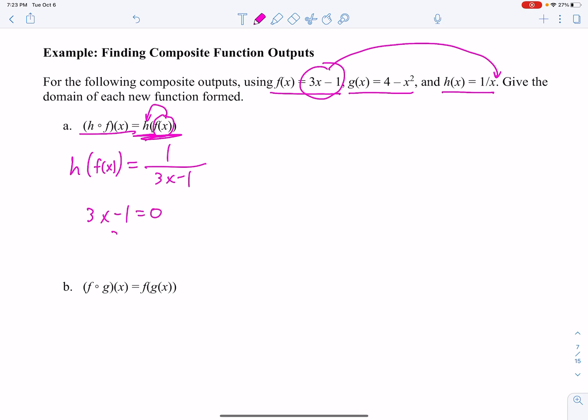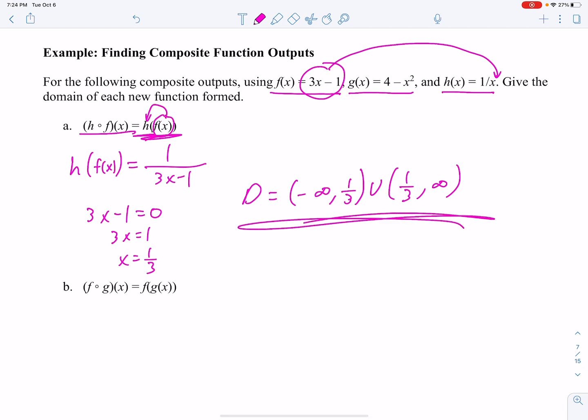So we'll add 1 and divide by 3. Okay, and again, remember, this is the value that we're going to exclude. So our domain is from negative infinity to 1/3, but we're going to exclude it with parentheses, union with 1/3 to infinity. Okay, and again, this whole notation means all real numbers except for 1/3.